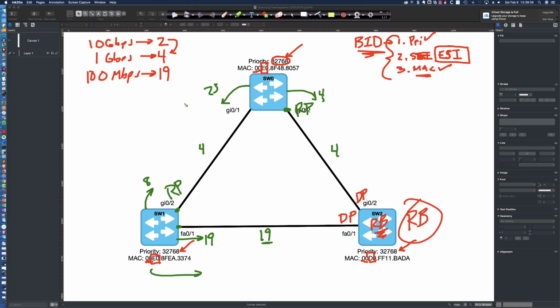So first things first, there's a little trick. On a segment where you have a root port, the opposite end of that root port is always, always, always a designated port. And it has to be. You can see here, root port, designated port, root port, designated port.